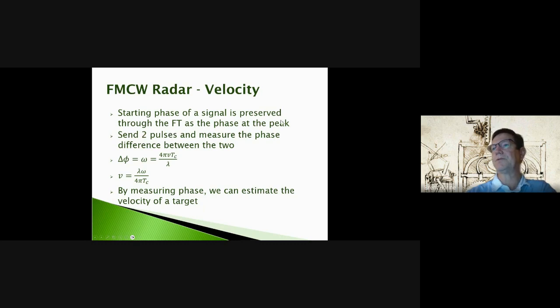Send another pulse, do the same thing, find that same peak, look at the phase at that bin of the Fourier transform, and then form a difference between them. That's that delta phi. We'll call this an omega there.